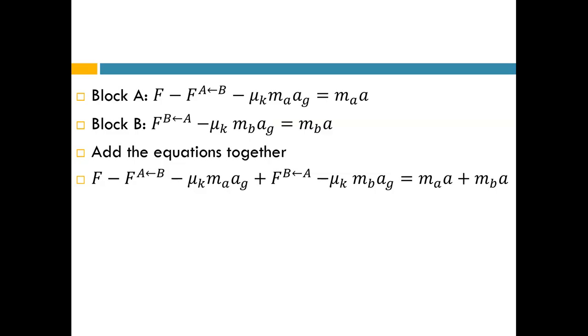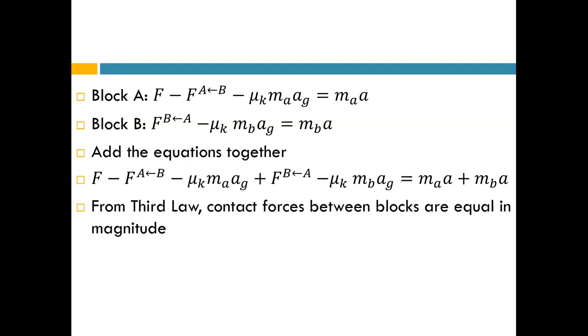They should be the same. They are the same. Lab number 7 actually shows that. Lab number 8 is going to show that again too. So, because of Newton's third law, we see that the contact forces between the two blocks are equal and opposite. They're going to cancel each other out in this particular equation.